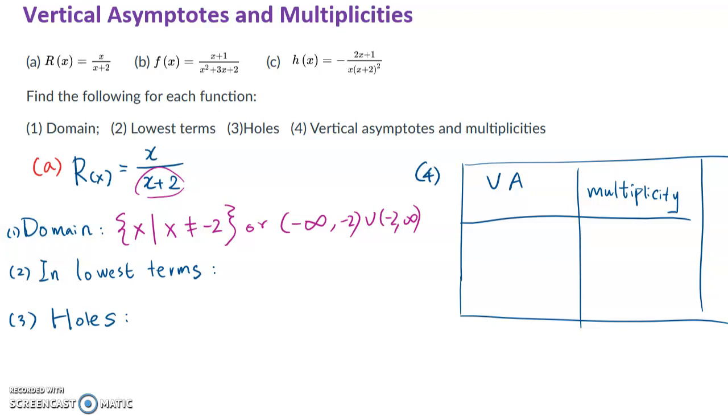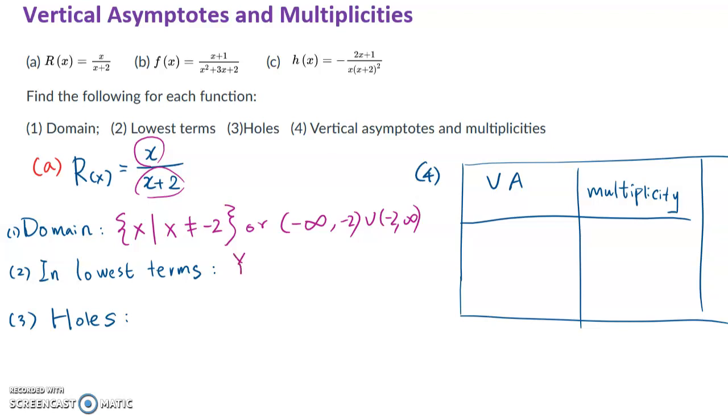Second question, is this function r in lowest terms? That means we need to check if for the numerator and the denominator we can find any common factors. Well, they're pretty much factored out and there are no common factors to cancel out.